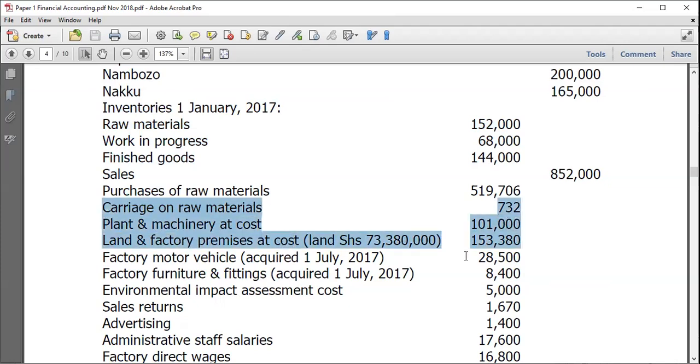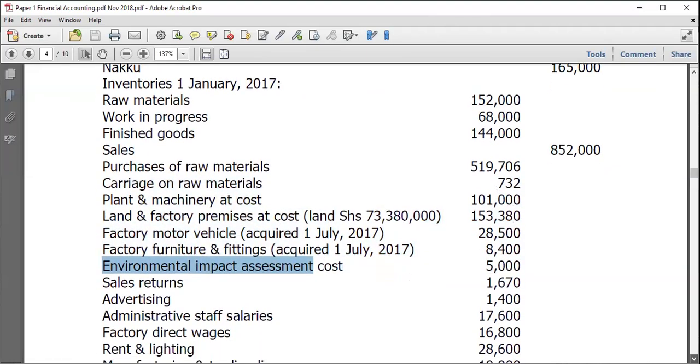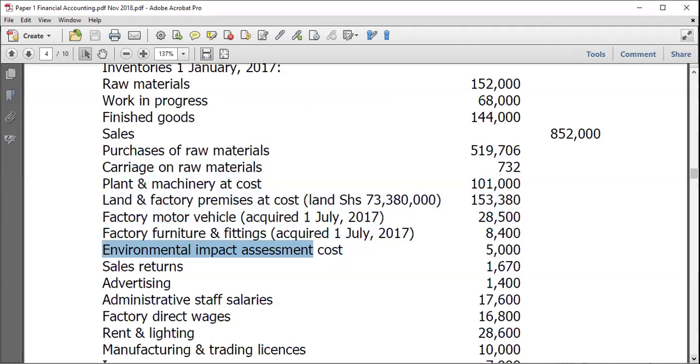These ones, I already utilized them all through. Now we have this inventory impact assessment, as we can see right there. And then we have sales returns, advertising. Do you see this? Administrative staff salaries. This one would fall under what I'm trying to look at.